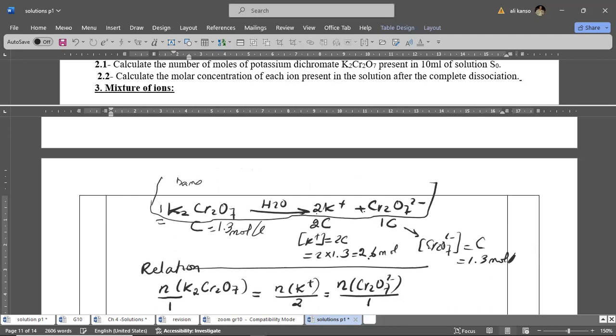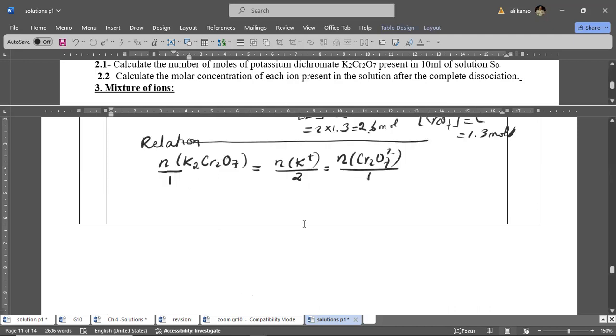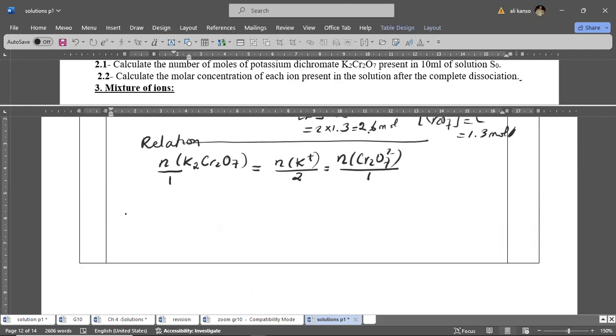Same beaker means same solution. Same solution means same volume. So all are in the same solution, which means they are all in the same volume.